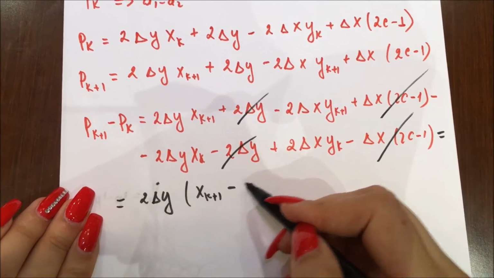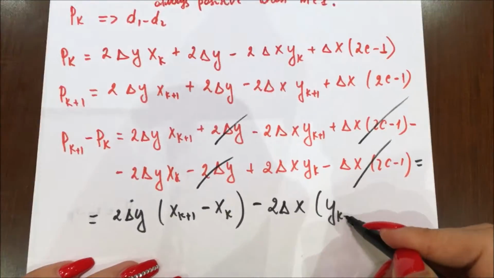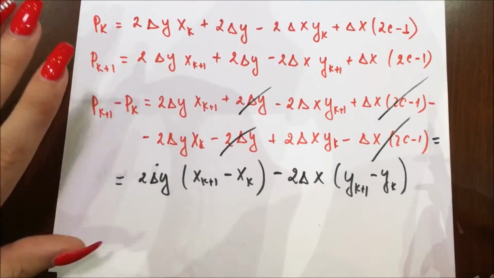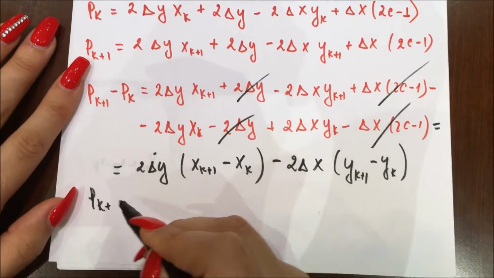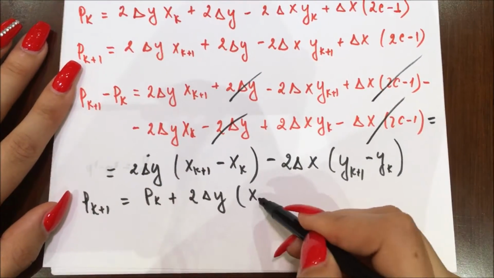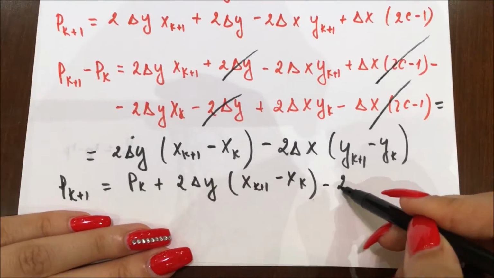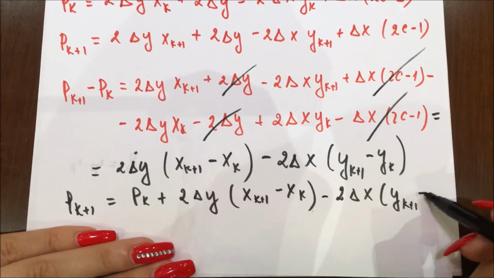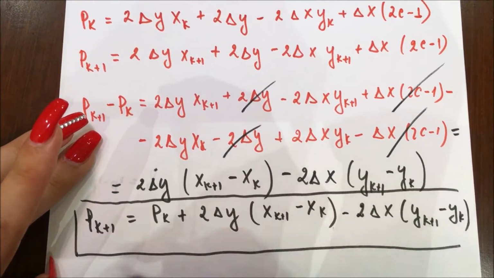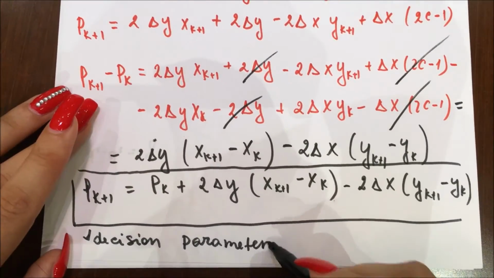After simplification, we will get 2 delta y (xk plus 1 minus xk) minus 2 delta x (yk plus 1 minus yk). So pk plus 1 equals pk plus 2 delta y (xk plus 1 minus xk) minus 2 delta x (yk plus 1 minus yk). So pk plus 1 is our decision parameter for the next coordinate.